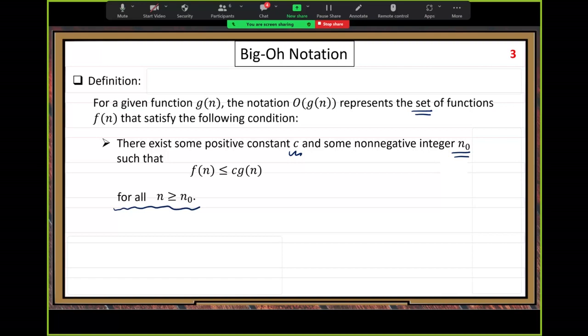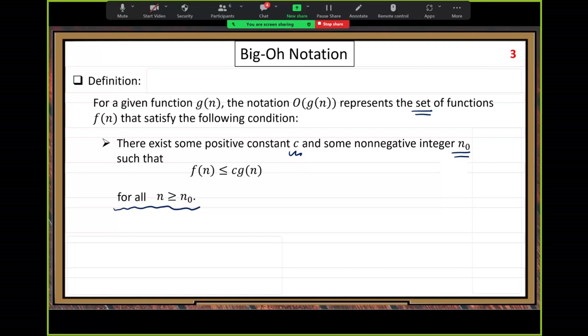Although if you just read the sentences in this formal definition, it may not be very hard to understand, actually it's not easy to understand this concept well.